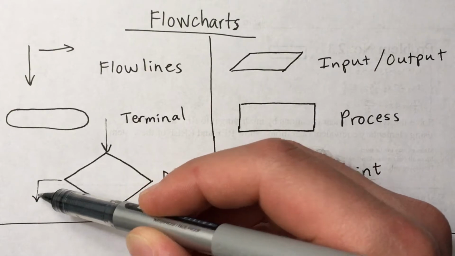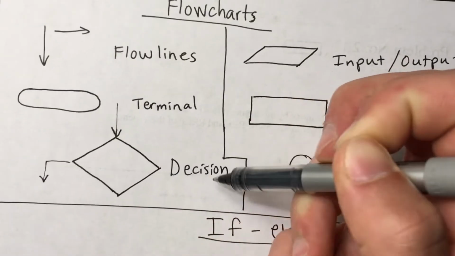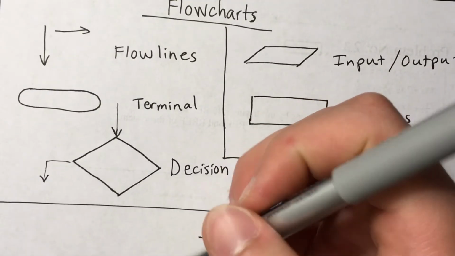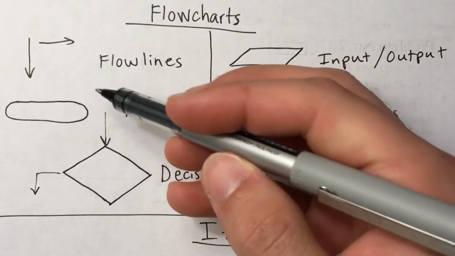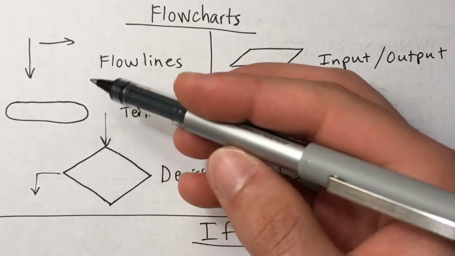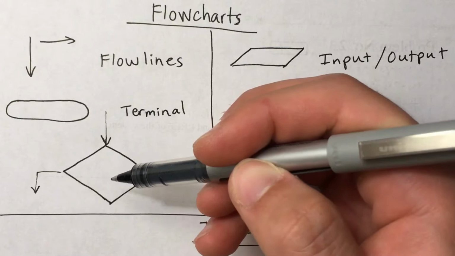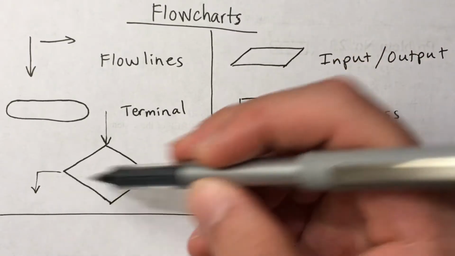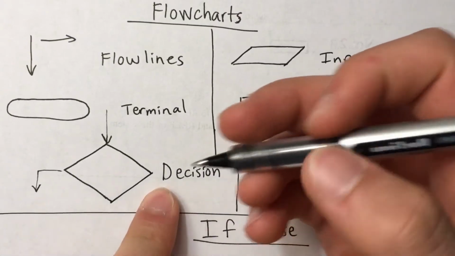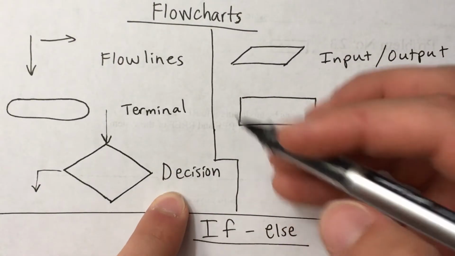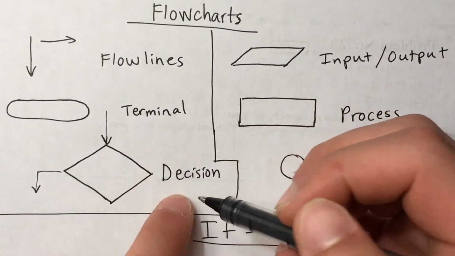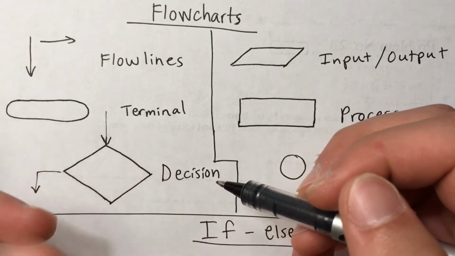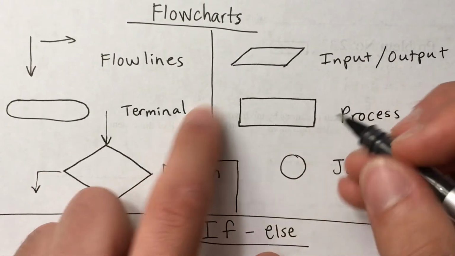For example, it would go this way if it's false, or this way if it's true. At some point in the program you reach this, and based on whether the expression is true or false, you would be directed into a different path. Right, I'm sorry, I called it a terminal. It's the decision. It decides what path you end up going.